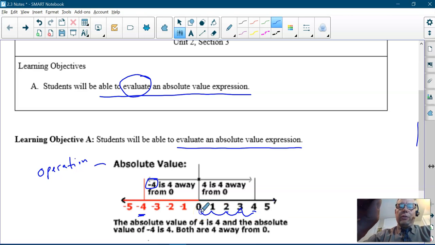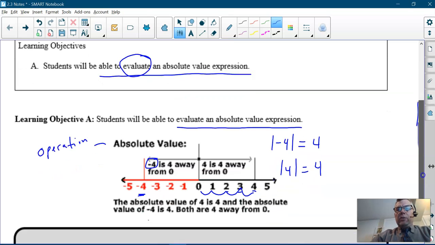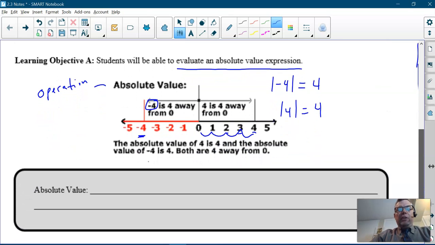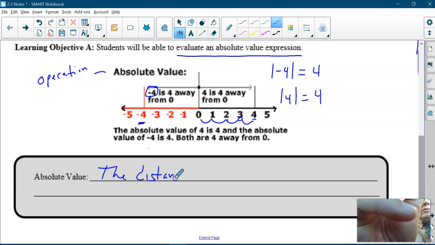So both -4 and +4 have the same absolute value of 4, because both of those numbers are 4 units away from 0. So that's the idea of how to evaluate an absolute value expression. Absolute value can be thought about as the distance away from 0.